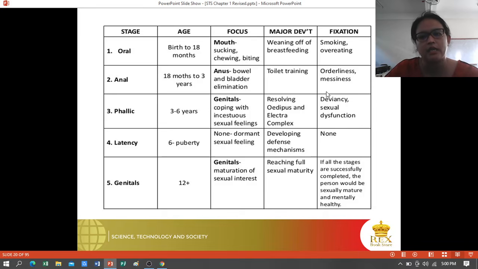Okay? It will manifest in his later life. Okay? So ito, latency. Latency means the dormant sexual feeling. Mas maganda ito, wala talaga siyang effect. But the other stages may effect siya sa later life pag hindi siya na-satisfy in the early stages of the life of a child. Okay?